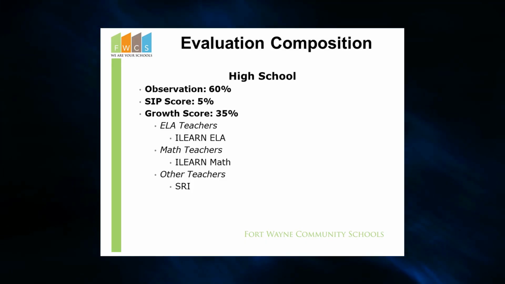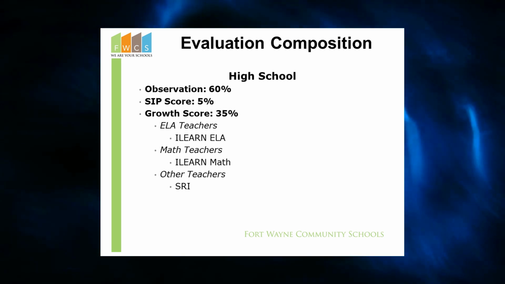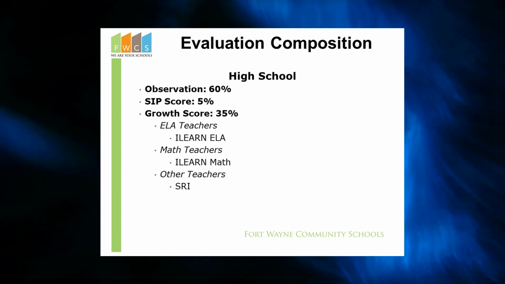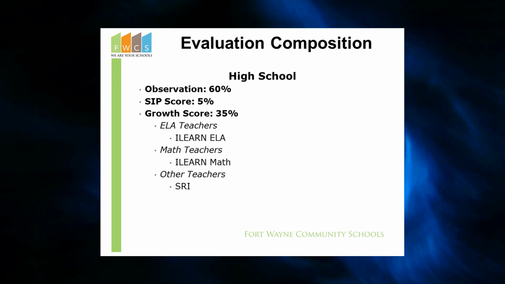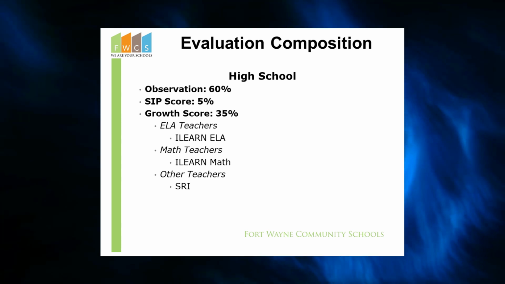For high school educators, again, the summative rating will be 60% observation, 5% SIP performance, and 35% student growth. For teachers that only teach language arts and have students that have ILEARN growth, only the growth for those students will be used.